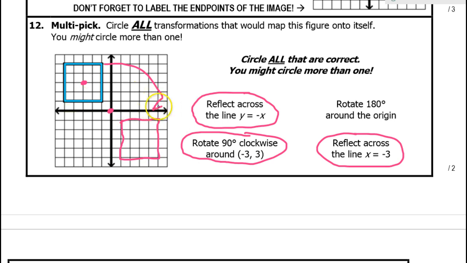Okay, that's what it's going to look like if I rotate this 180 degrees around the origin. That's a big change. That is not mapping onto itself. So we're not going to choose that one. Alright, the other three were good.